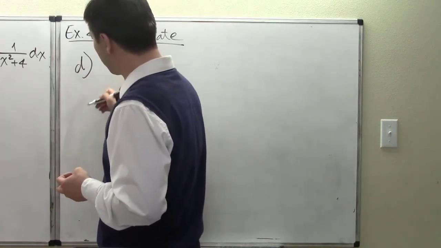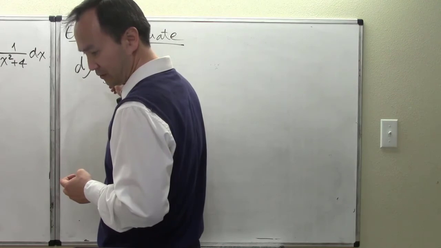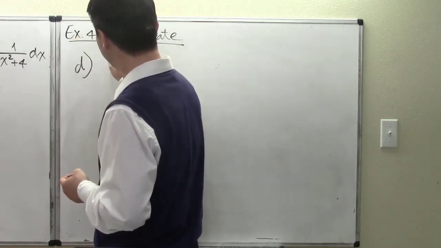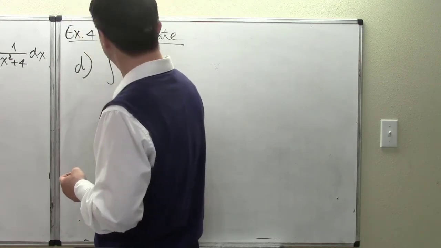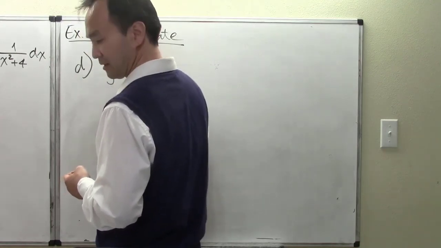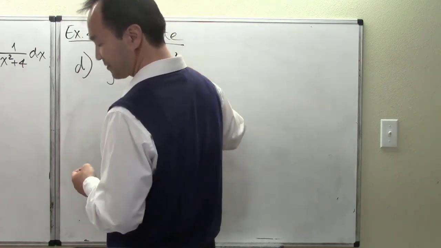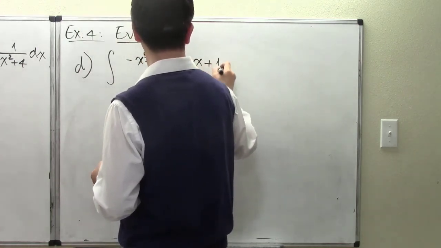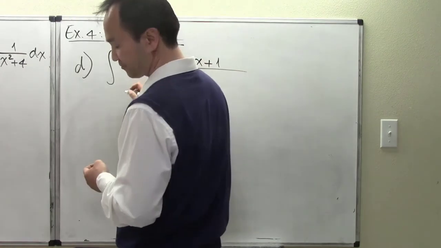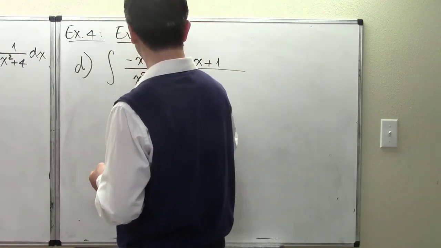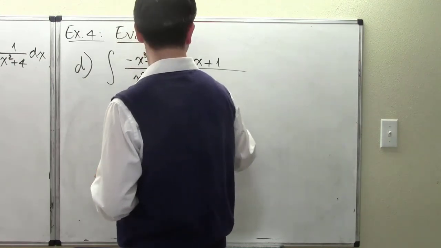With our part D, we're looking at the integral of minus x cubed plus 2x squared minus x plus 1, and we divided that by x to the 5th plus 2x cubed plus x.